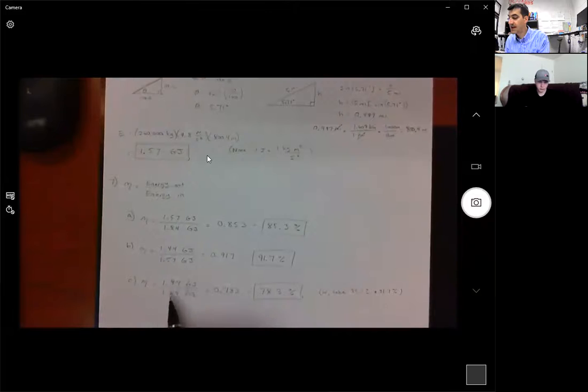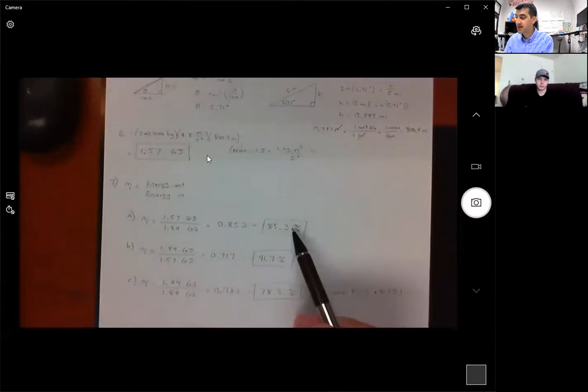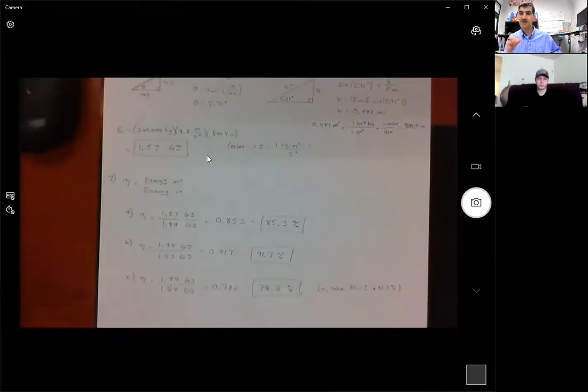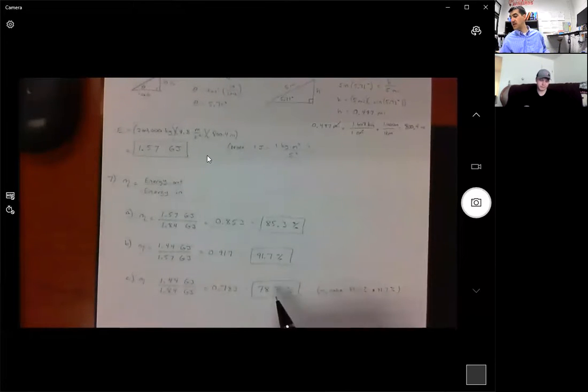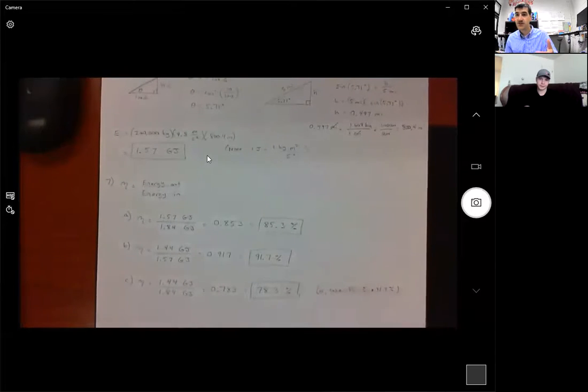So you can do it this way. Actually, there's another way to do that. You can also calculate this by taking the charging efficiency times the discharge efficiency, and you should get the exact same number, within maybe some rounding error, but it should be really close. So like I said, this is the amount of electrical energy you get out as compared to the amount of electrical energy that you had to put in.